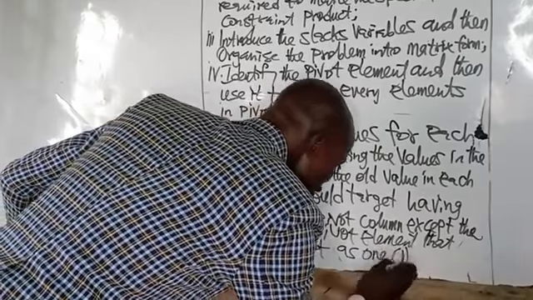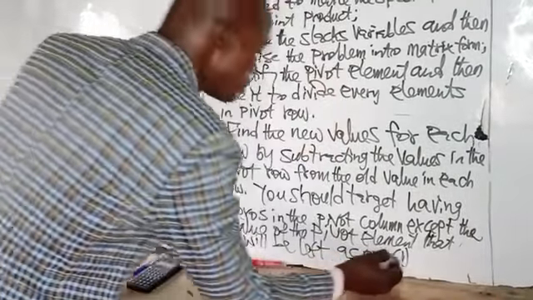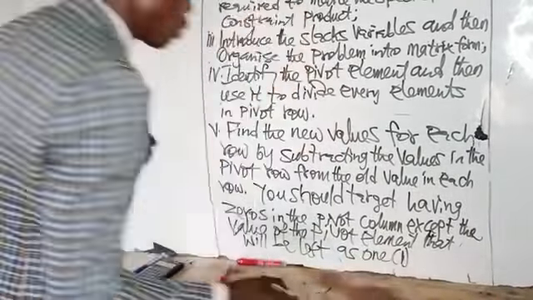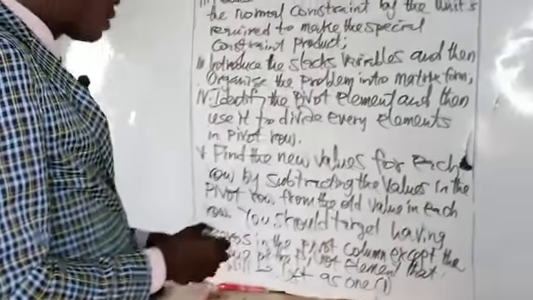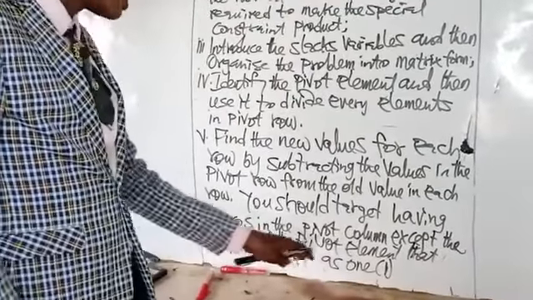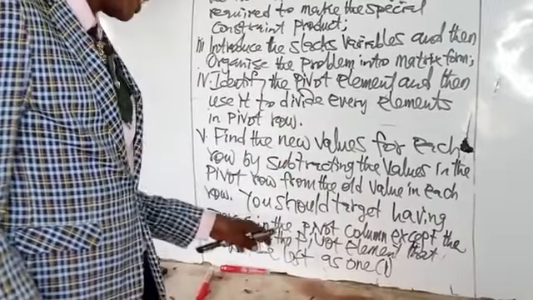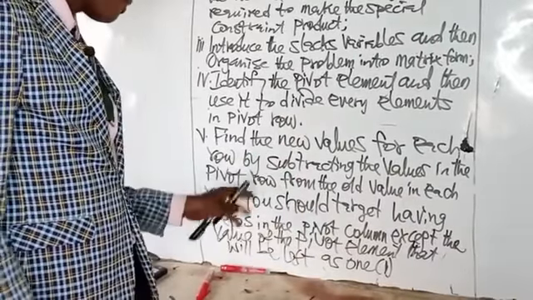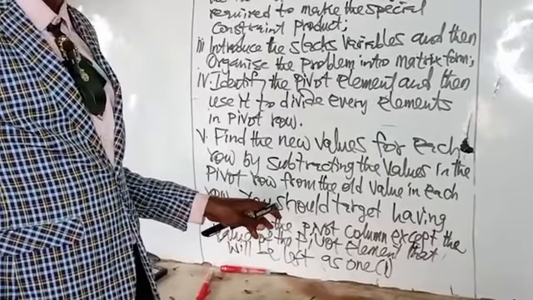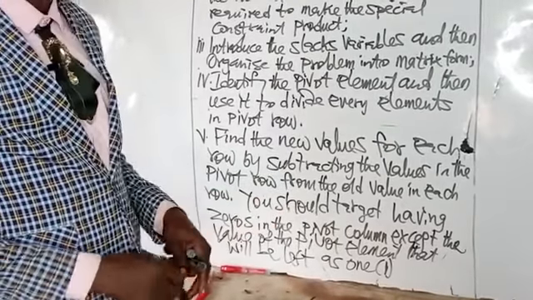It's only the pivot element that will be left at 1. Apart from the value of the pivot element, every other element in the pivot column should be zero.